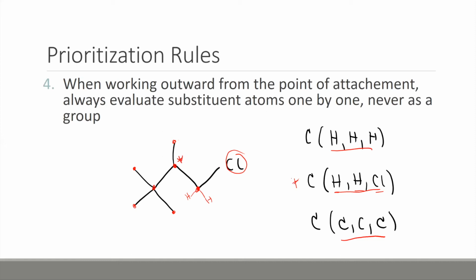This carbon does have higher precedence because when directly comparing their attachments, this carbon is attached to a chlorine compared to hydrogens or carbons. So in this case, in our direct comparison, we would say that this group gets highest priority, followed by this group, and then this group.